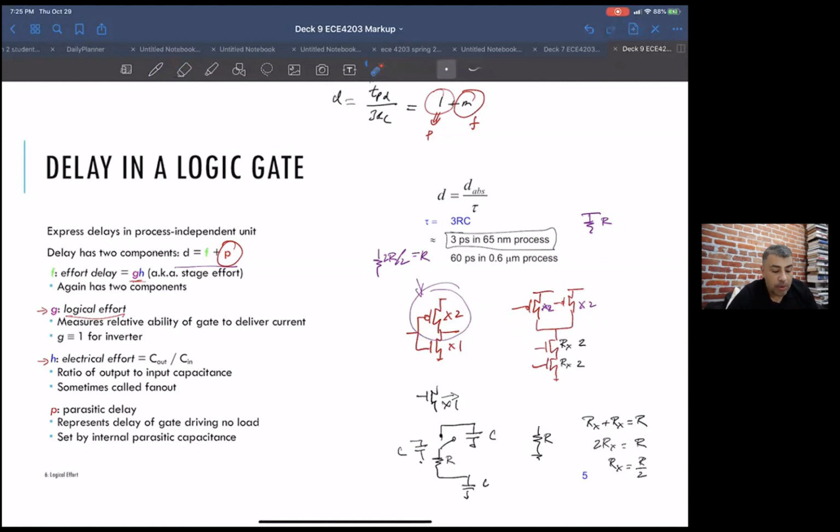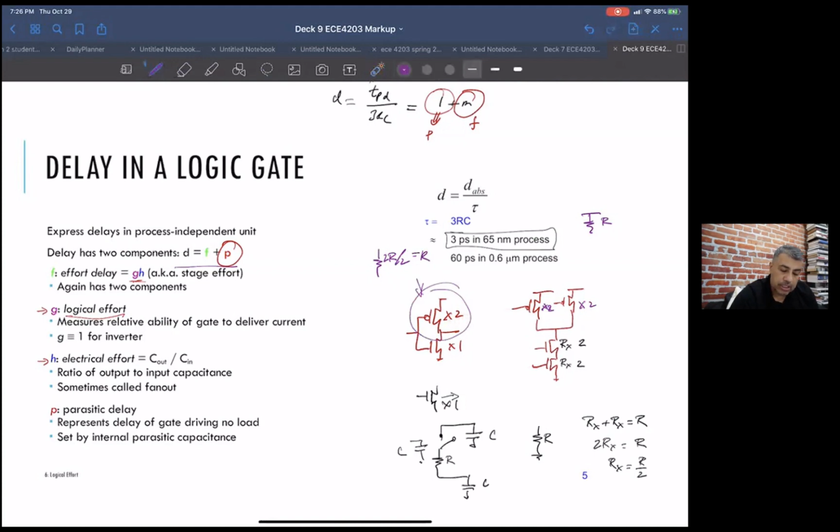Okay, so one more question. This nominal inverter, like I mentioned, has the gate of the NMOS with a capacitance of C, and so does the gate of a PMOS. For a PMOS of one size, you have a capacitance of 1C, but we have two of them.